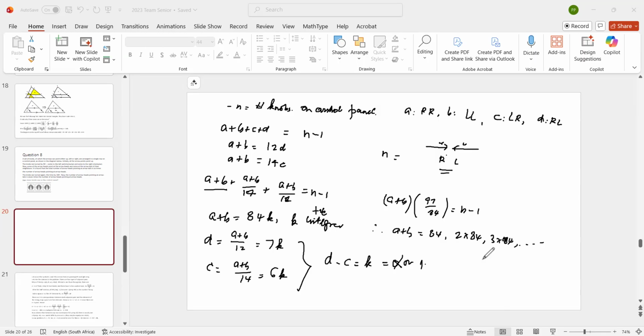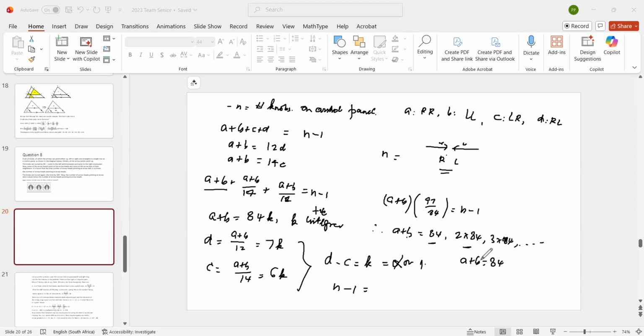Okay, so we needed to find out what n was. So n minus 1 is equal to, as we saw, so if k is equal to 1, this equation here means a plus b is 84. So a plus b is 84. K is equal to 1.